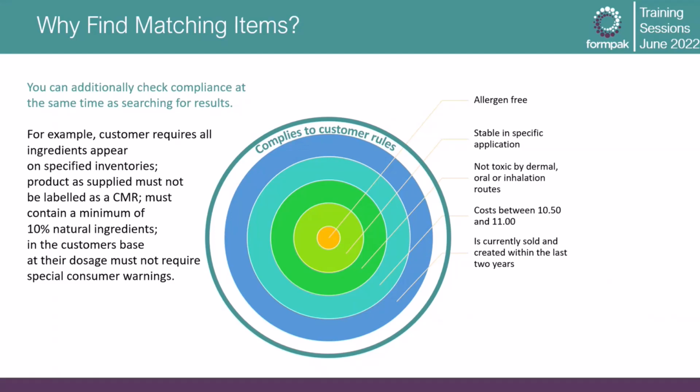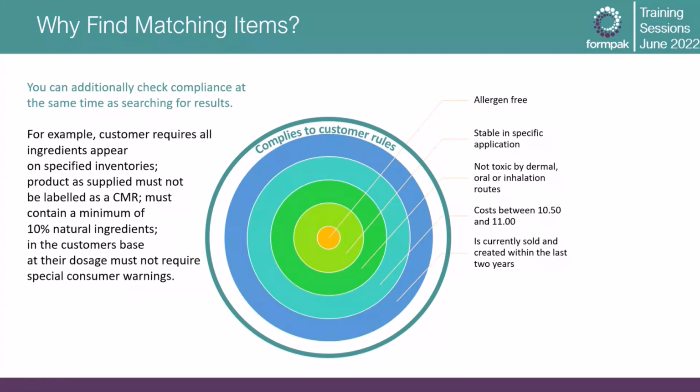Additionally, you can add checks for a particular customer. So when you search and find matching items, you can add those criteria to narrow down results in your library. And then you can also apply a suitability check, which is compliance to customer rules. If you have, for example, a customer that requires all ingredients to be on particular inventories, that's a check you can make.